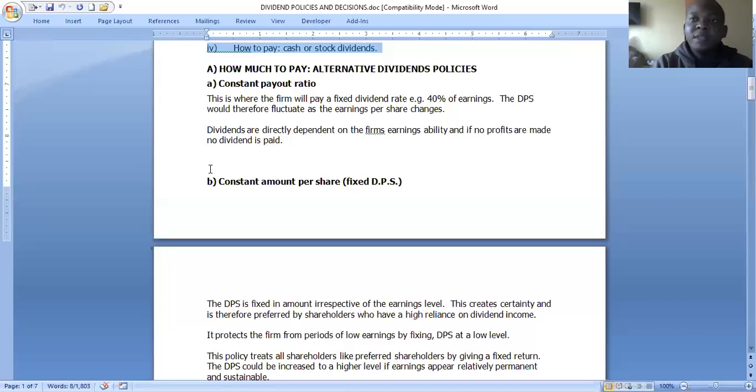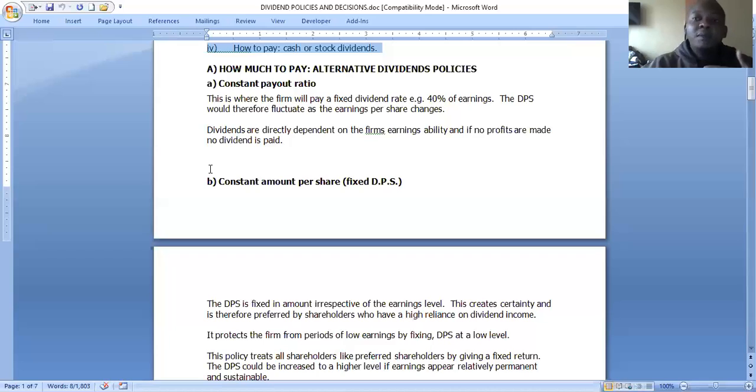Assuming the business has made a profit of 1,000 shillings, how much dividends? 40% times 1,000, that's 400 shillings. Assuming the profits go up to 2,000 shillings, 40% times 2,000, that will be 800 shillings.